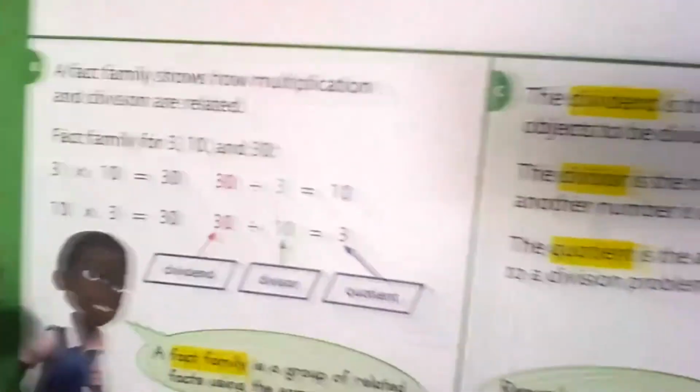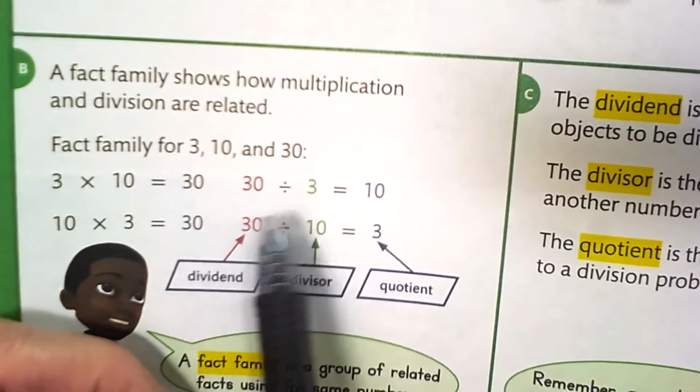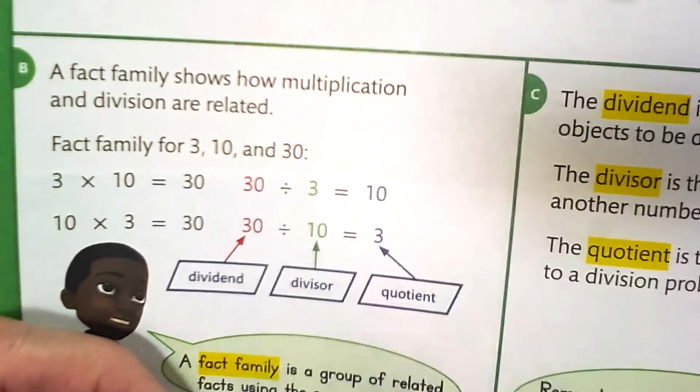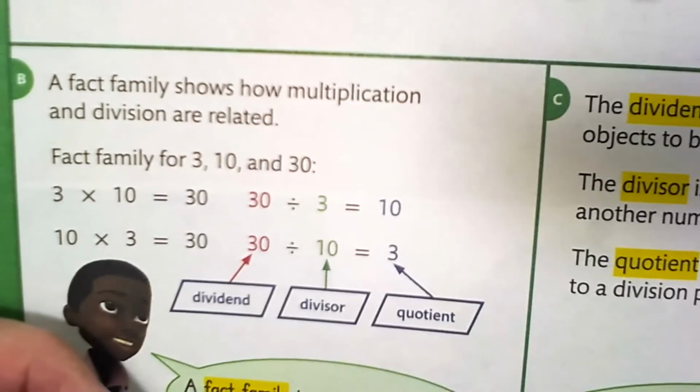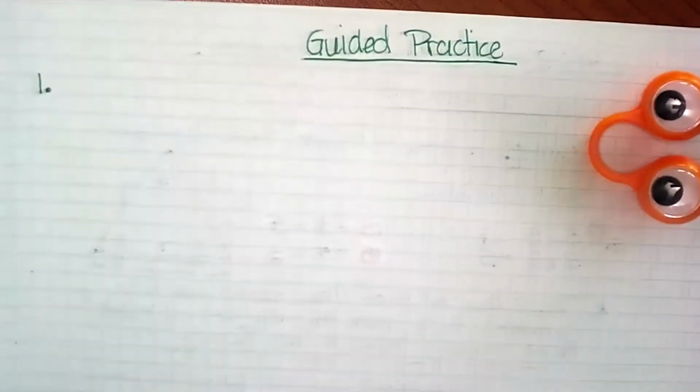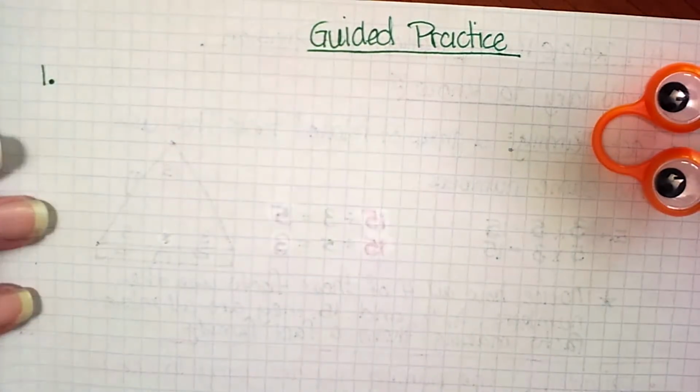So let's take a look at this. So our product, these are our products, and these are our dividends. Now, just like we saw in our short video that we just watched, the product and the dividend is always going to be the same number because we're working in a fact family. So for number 1 in your guided practice, when it's asking you, what do you notice about the product and the dividends?